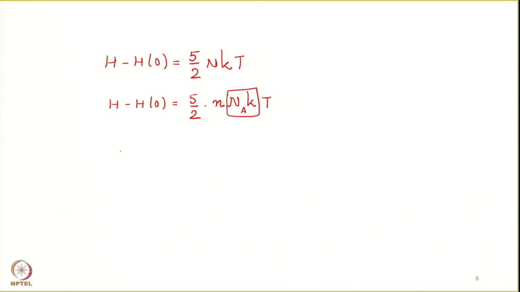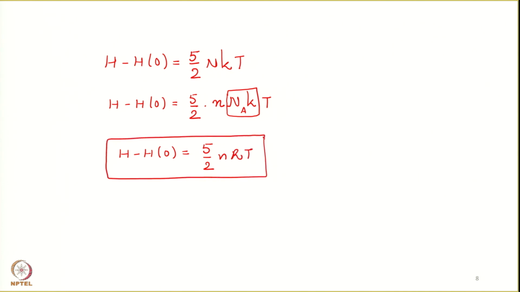So, what we have, H minus H0 is equal to 5 by 2 nRT. This is the same result that we obtained by using the equipartition theorem.